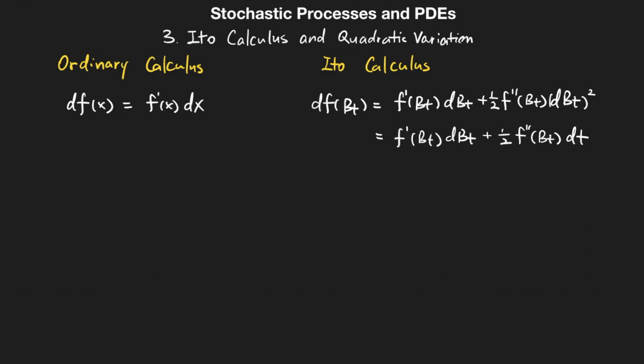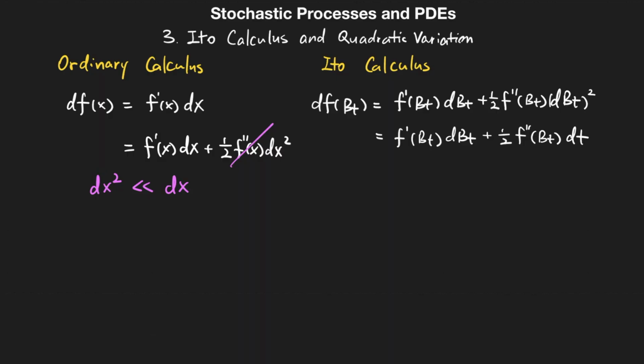For ordinary calculus, we can also expand the differential into the second order with Taylor expansion. But the second order term, the dx squared, is much smaller than dx. So that is why we can just ignore the second order term in ordinary calculus.